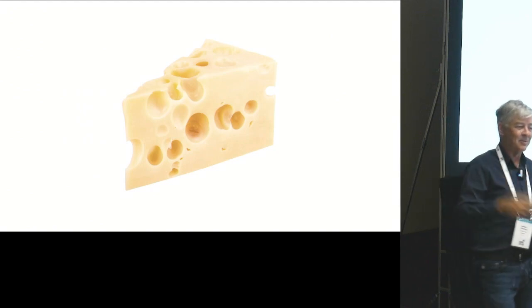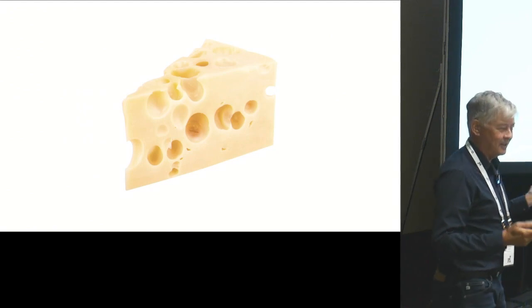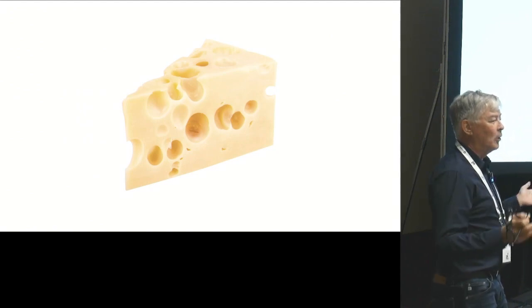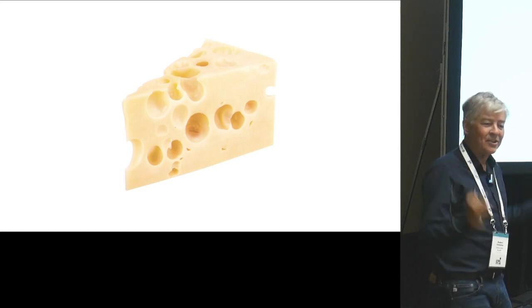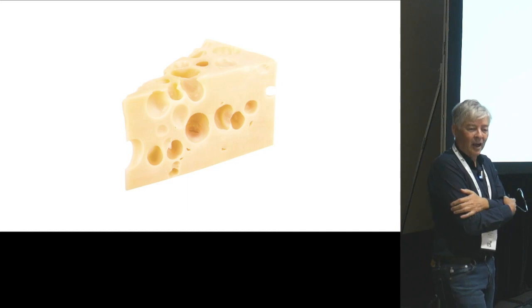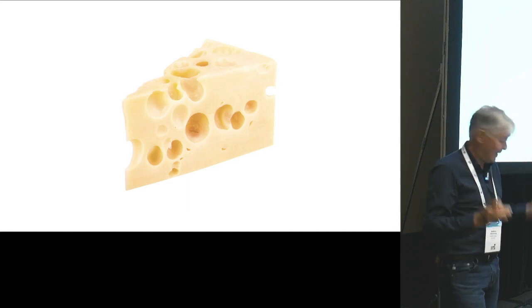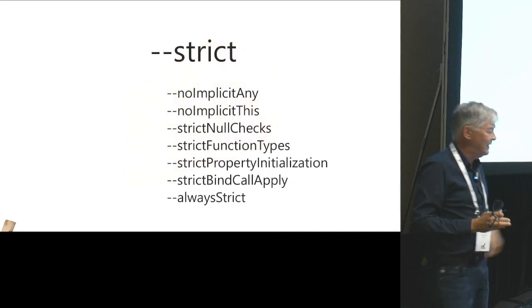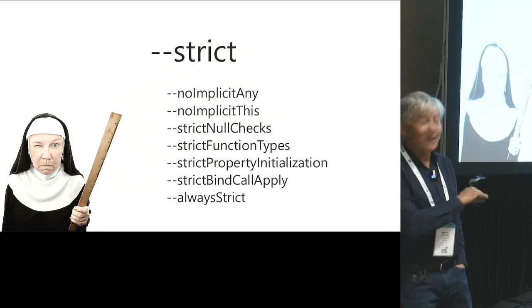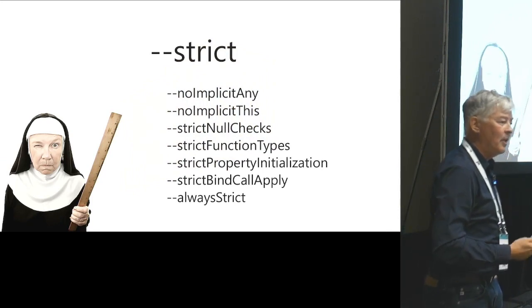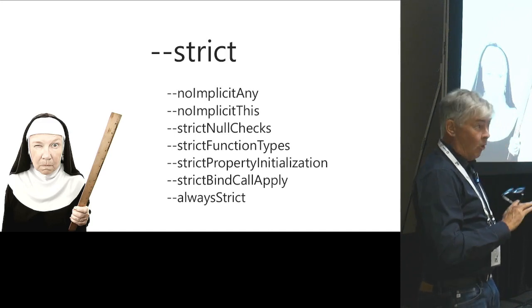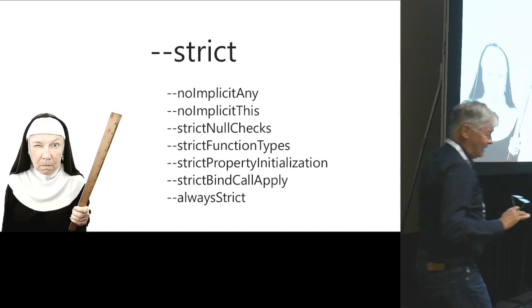So I sort of describe our type system sometimes as a Swiss cheese type system. You know, it's full of holes, and in the most liberal settings of our checker, the holes are everywhere, right? But we actually enable and we recommend that you run the checker in strict mode, and in strict mode we can root out almost all of the things that you would worry about.